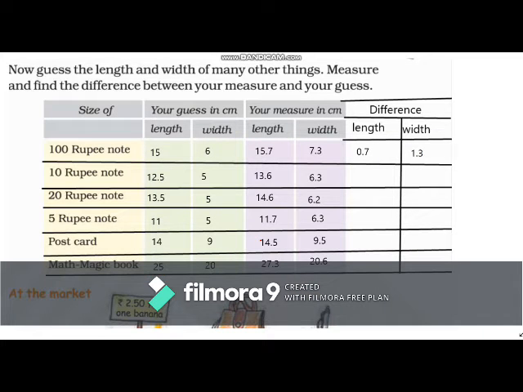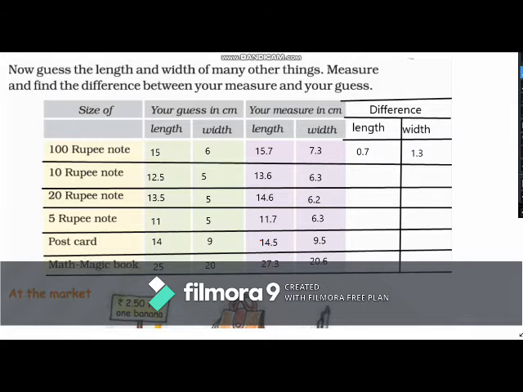Now let us guess the length and width of a 10 rupee note. That is 12.5 centimeter length, 5 centimeter width. When I measured the length and width of the 10 rupee note using a scale, I found that the length is 13.6 centimeter and width is 6.3 centimeter. Now let us subtract and find the difference between lengths.